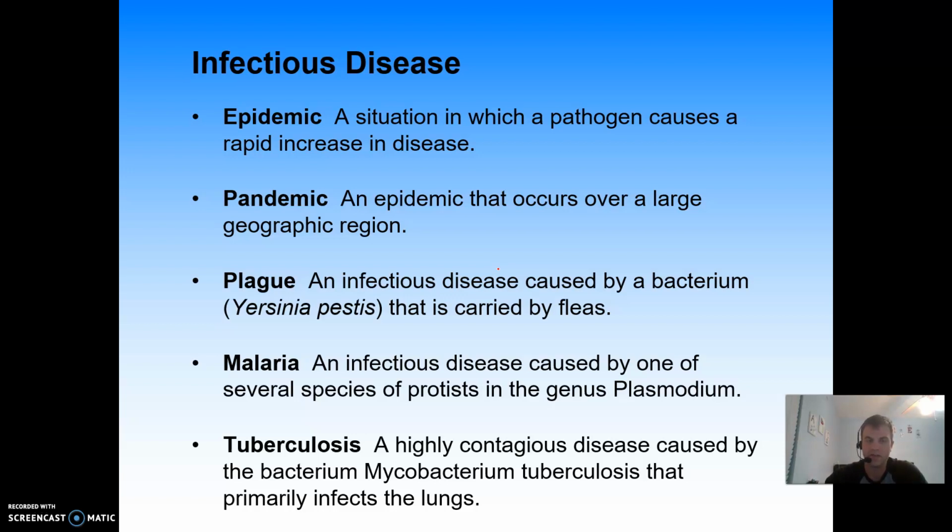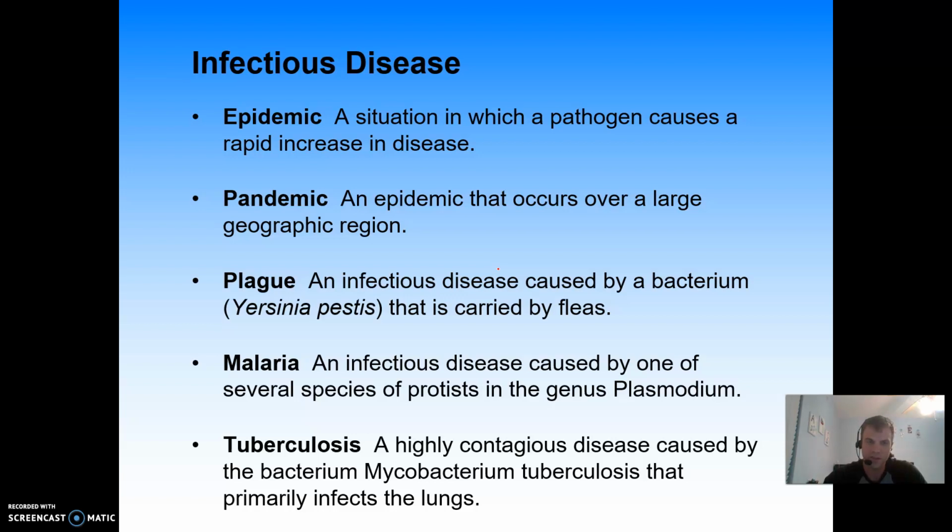So when does it turn into a pandemic like what we're seeing right now? That's what happens when an epidemic occurs over a large geographic region. So once COVID-19 got out of Wuhan, China, that's pretty much when they realized it was going to be a pandemic and labeled it as such because it basically became worldwide.